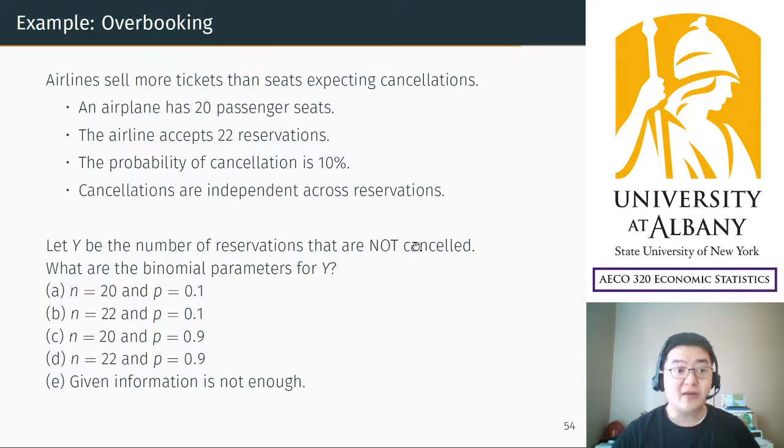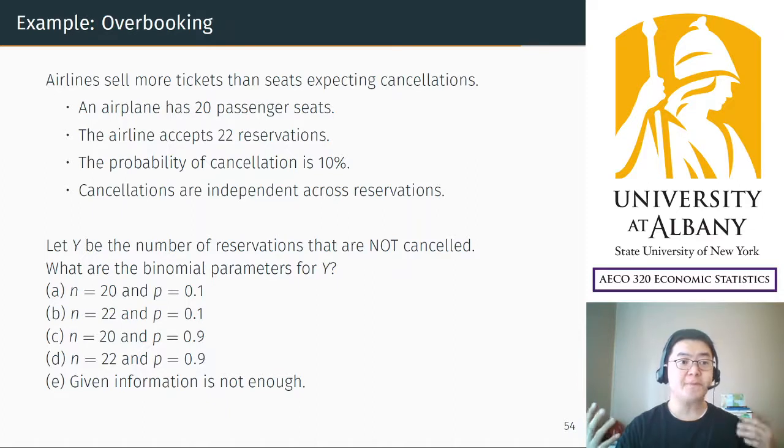Here is another interesting example application of the reservation and cancellation story. As you may know, airlines sell more tickets than the available seats because they know that some of the reservations will be canceled. To maximize their revenue, they accept more reservations than the available capacity.